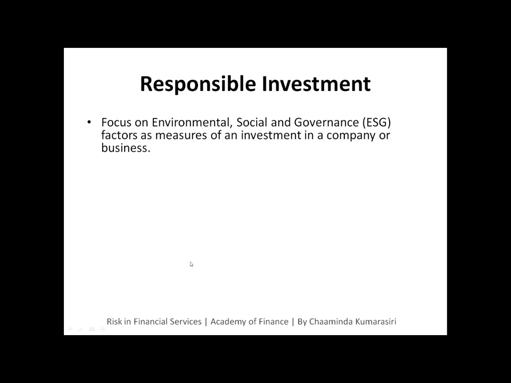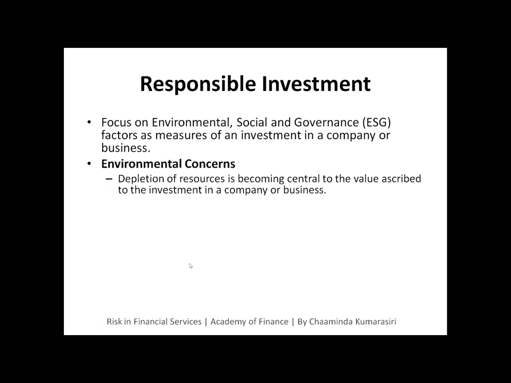Because you are not looking at one angle, you are looking at the holistic picture.